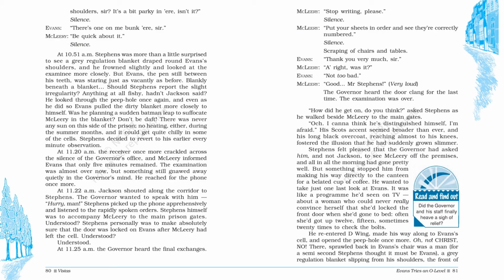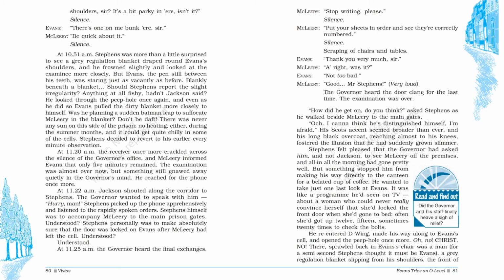Mr. Stephens himself was to accompany McLeary to the main prison gates and had to see to it that the door was properly locked on Evans once McLeary had left the cell. After a few minutes, the governor heard the final exchanges in the cell and heard the door clang for the last time. The examination was almost over.